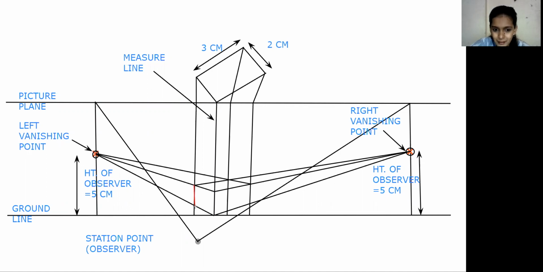I am using a red color line over here. Let me do the thicker line. Like this. You can highlight your perspective by rubbing a pencil, or you can use black or blue ball pen.